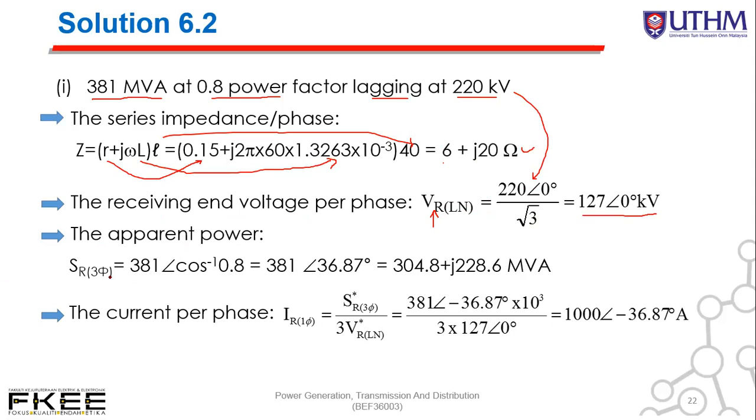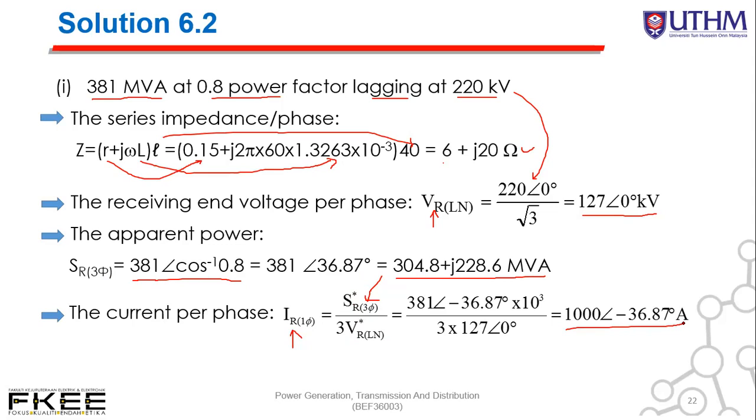The apparent power is 381 MVA at cos of 0.8, so we got the power of 304.8 plus j228.6 MVA. From this power we can calculate the receiving current per phase, equal to the receiving power divided by 3 VR single phase, line to neutral. So we got the current of 1000 ampere.